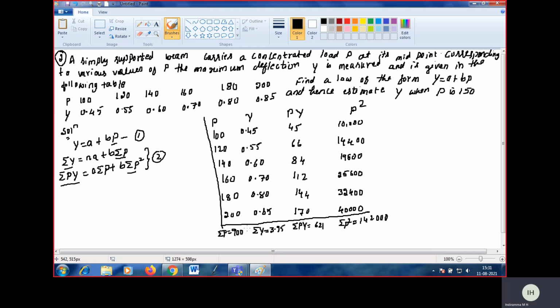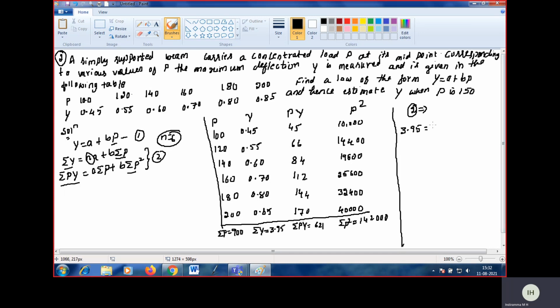So now substitute these summation values in equation 2, the system of equations. Summation of Y is 3.95 is equal to N into A plus B into summation of P. N is the number of values, 1, 2, 3, 4, 5, 6. N is equal to 6.